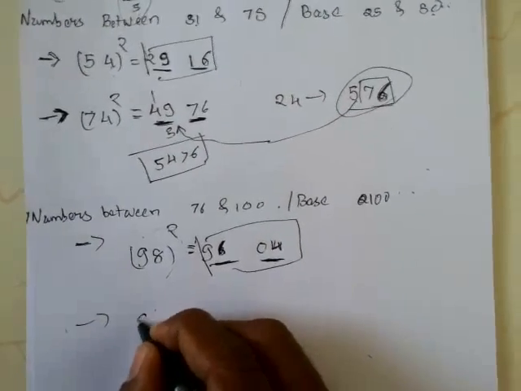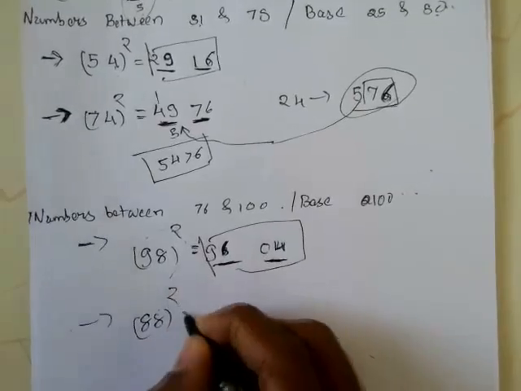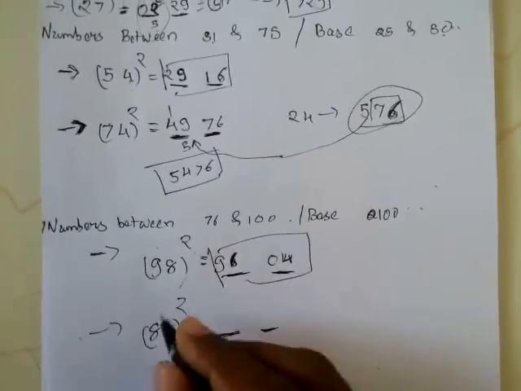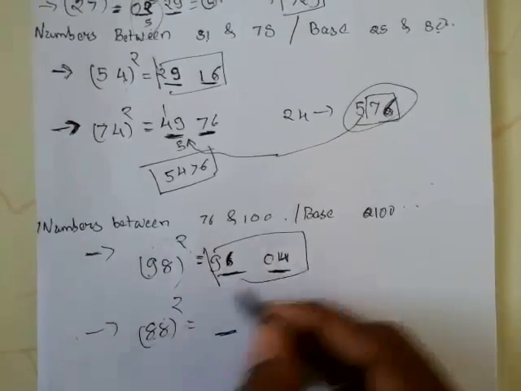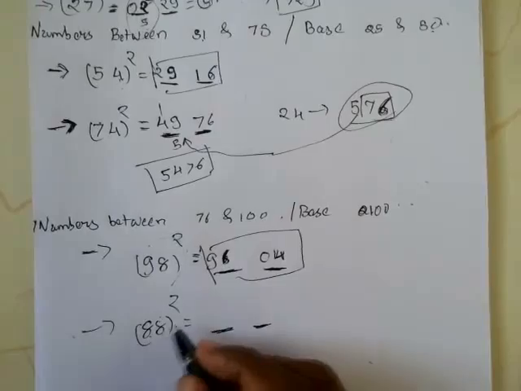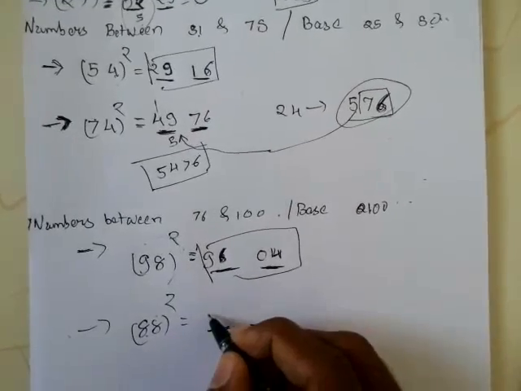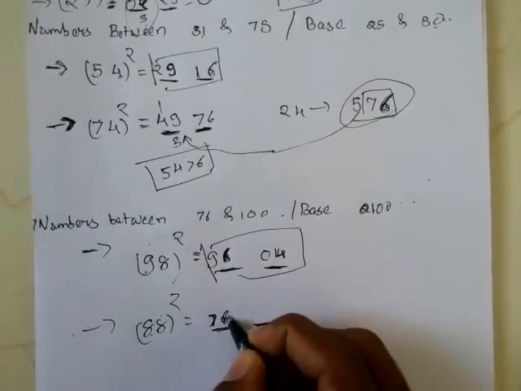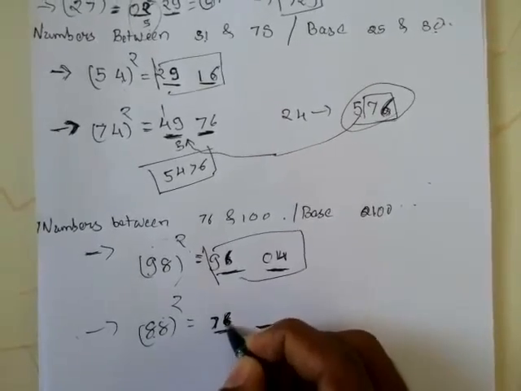In the same manner, if you need to find out the square of 88, then the first step will be the difference between 88 and 100, which is 12, and we will subtract that 12 from 88, which will give us 76, correct?